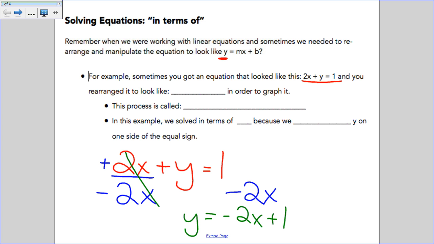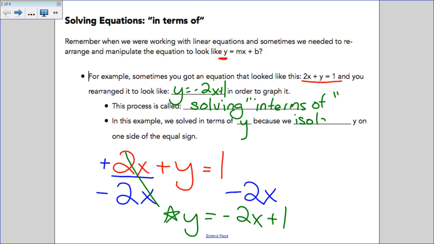Now we had something we could work with. When we do this, this process is called solving in terms of. In this example, we solved in terms of y because we isolated y on one side of our equal sign.